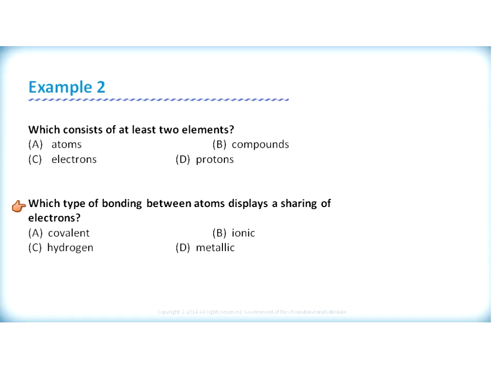So if we read this question carefully, we look at the bonding between atoms by sharing electrons. Sharing electrons is an example of covalent bonding, whereas if it was transferring of electrons, it would be ionic bonding. So our answer to this question would be A, covalent.